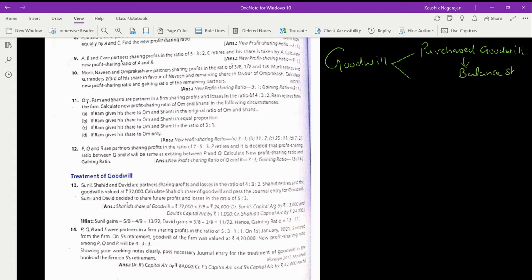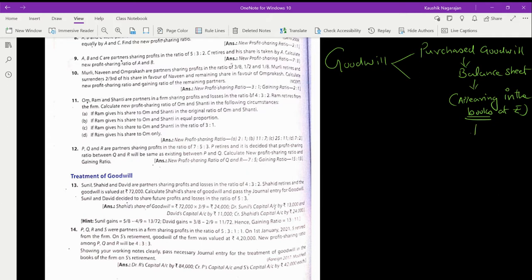And the clue word to identify whether it is purchased goodwill or self generated goodwill is that purchased goodwill will be mentioned as appearing in the books at rupees. So if it is mentioned appearing in the books, then it is purchased goodwill.